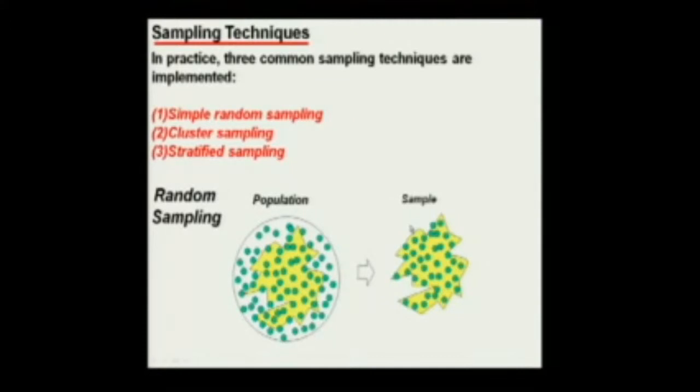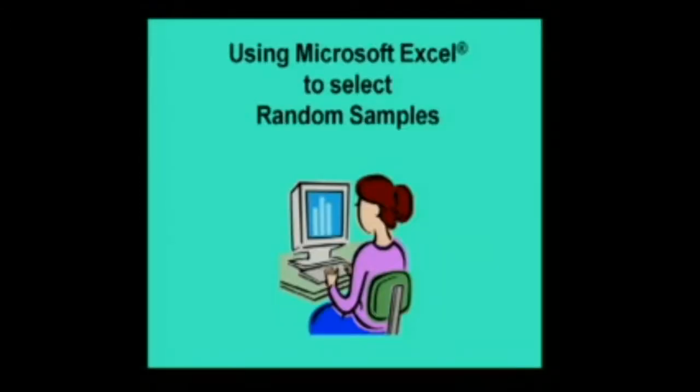In other words, any components in this population will have the same chance of being selected. Okay, this is very important. Let us see via Excel how we take a random sample. But before we do that, let me just run this scenario by you.